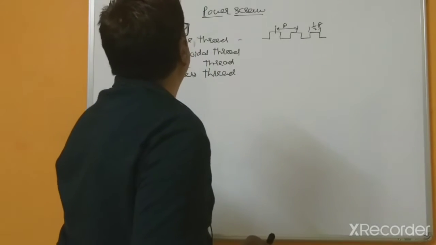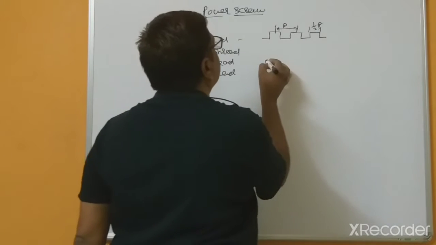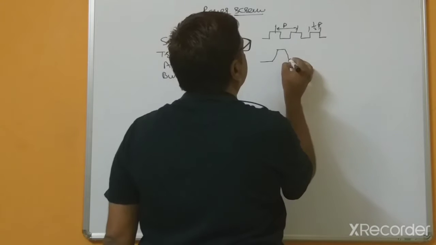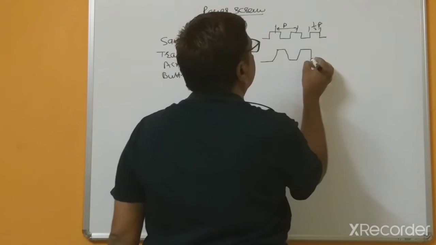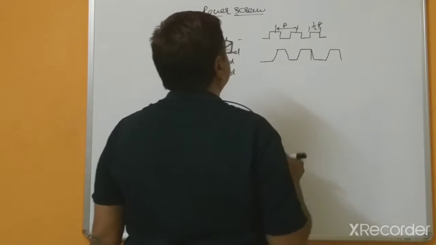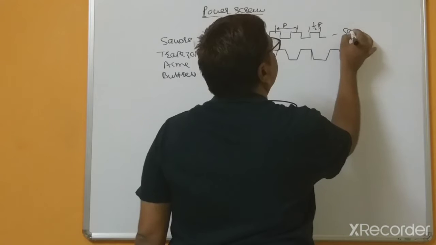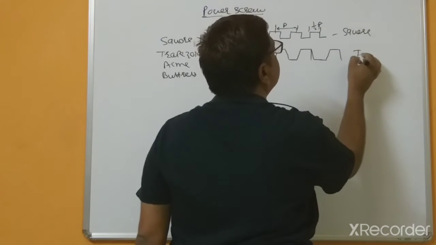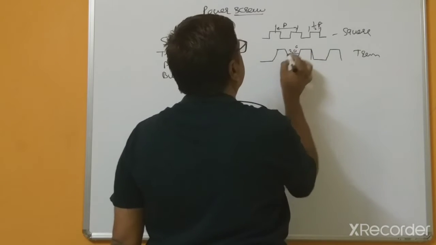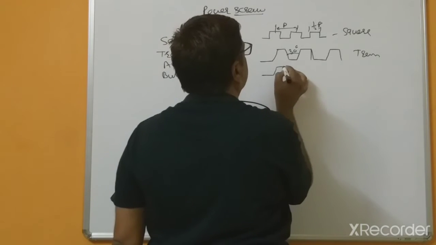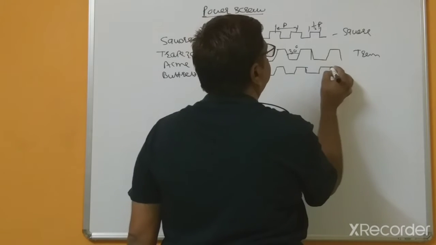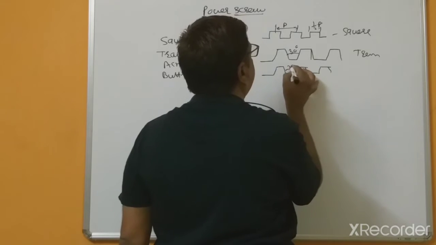And if we compare the trapezoidal thread and Acme thread, this is the square thread, this is trapezoidal, and this angle is 30 degrees, and in Acme this angle is 29 degrees.